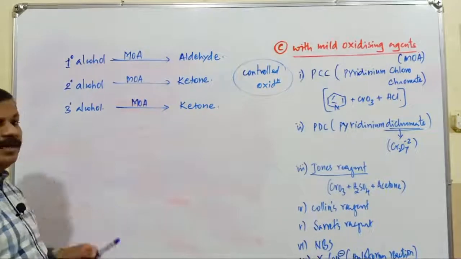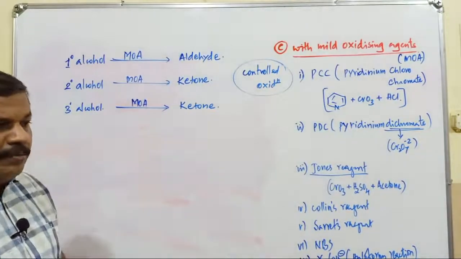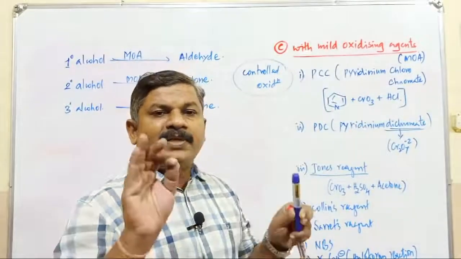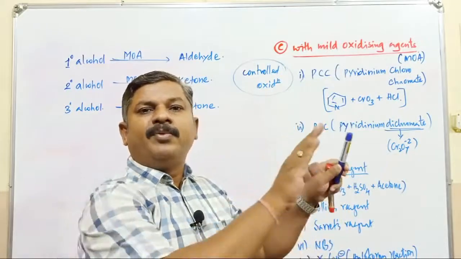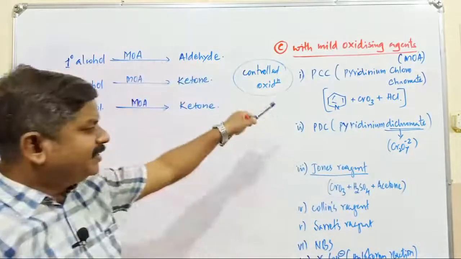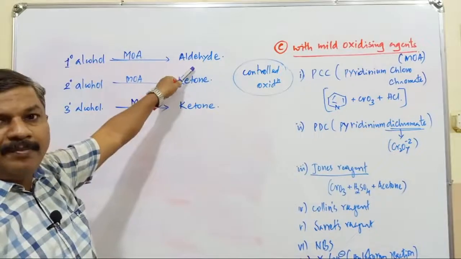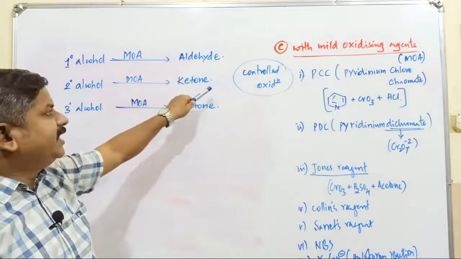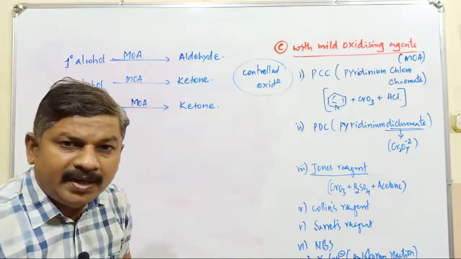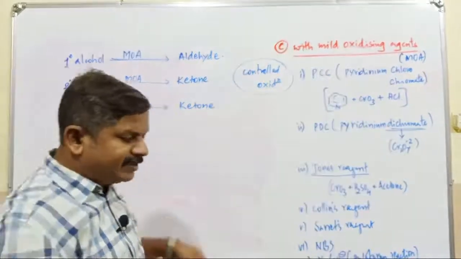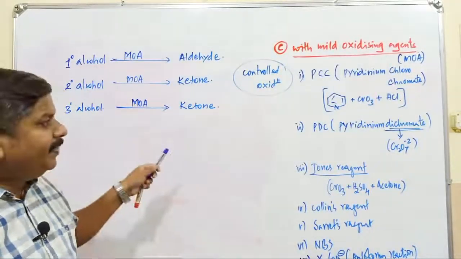So, in presence of strong oxidizing agent, the final product is carboxylic acid. In presence of mild oxidizing agent, primary alcohol gives what? Aldehyde. Secondary and tertiary alcohol give rise to what? Ketonic compound.